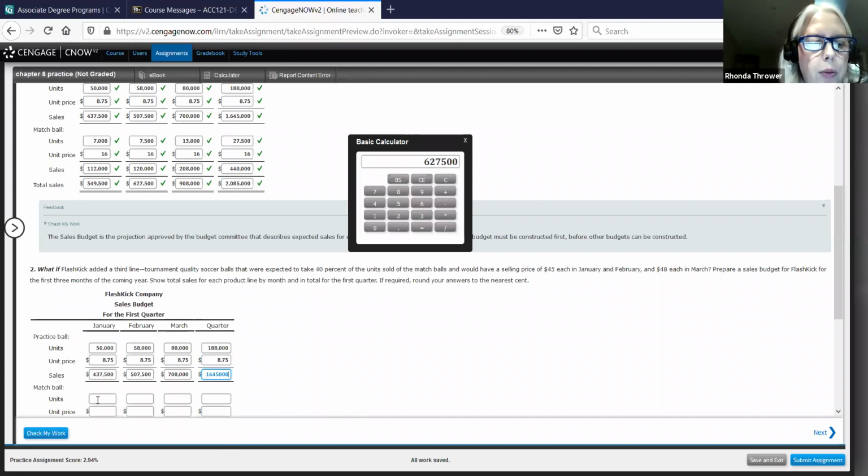And then you're gonna copy the information in for the match ball, starting with 7,000 units.